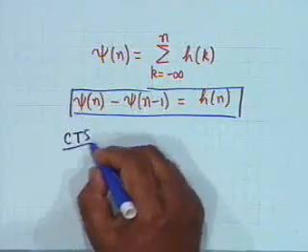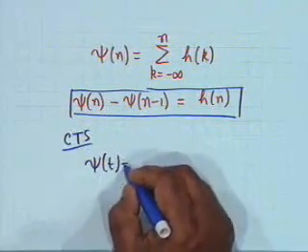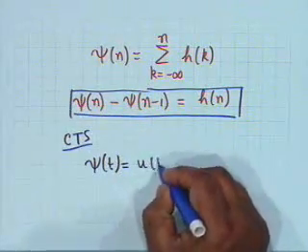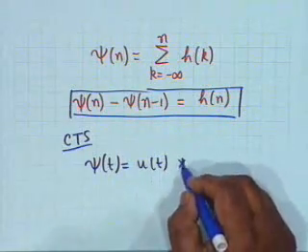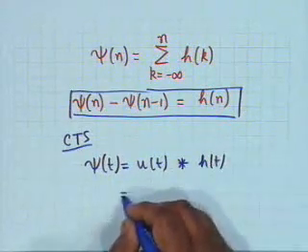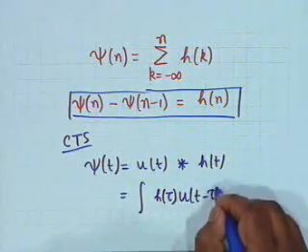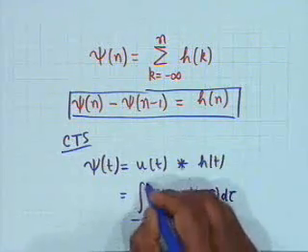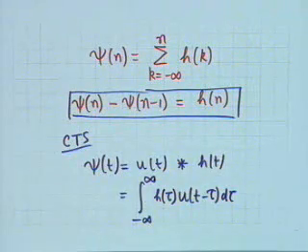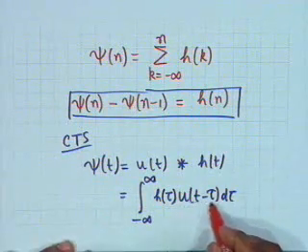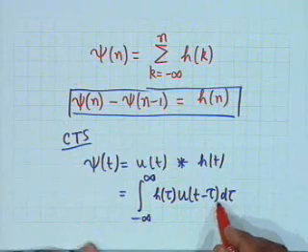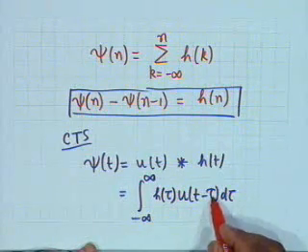In a similar manner, we can take a continuous time system in which psi of t shall be the convolution of u of t and h of t, and therefore this is given by the integral of h of tau u of t minus tau d tau, minus infinity to plus infinity, and an exactly similar argument, that is u of t minus tau is 0 if tau exceeds t.